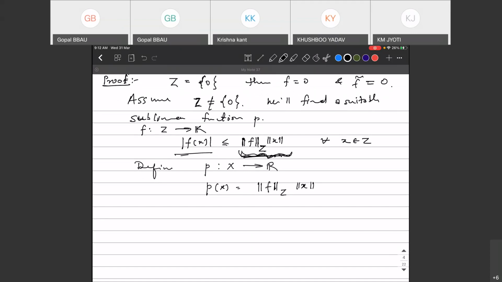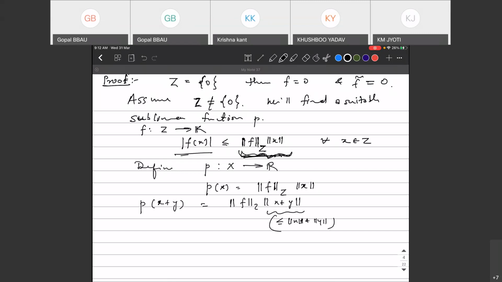You all know these norms are sublinear. Let's see: p(x plus y) equals norm f times norm of (x plus y), but you know this part is less than norm x plus norm y.